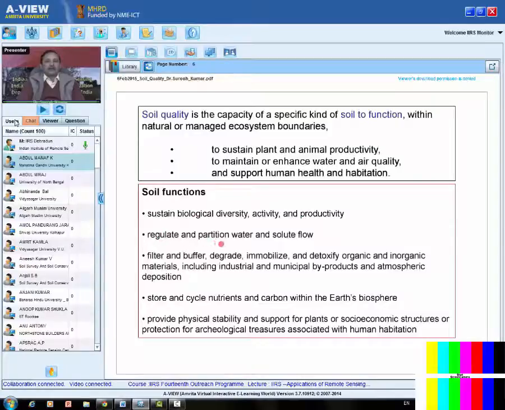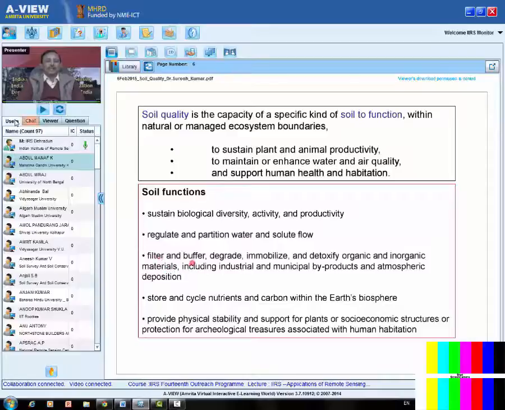Second is regulate and partition water and solute flow. If your soil is of good quality, it will allow infiltration of water into the soil, and then solute or nutrient flow within the soil will take place. So soil is regulating the water flow in the cycle or system.